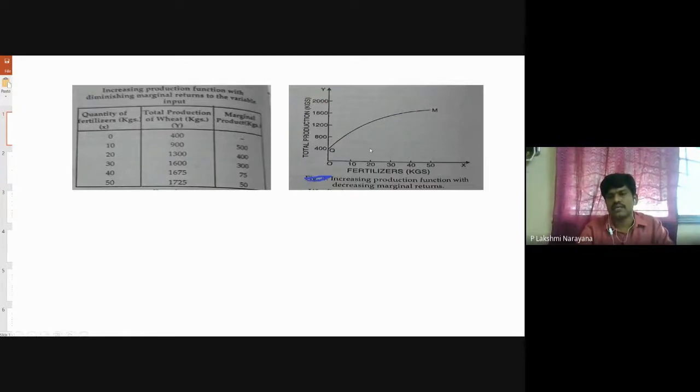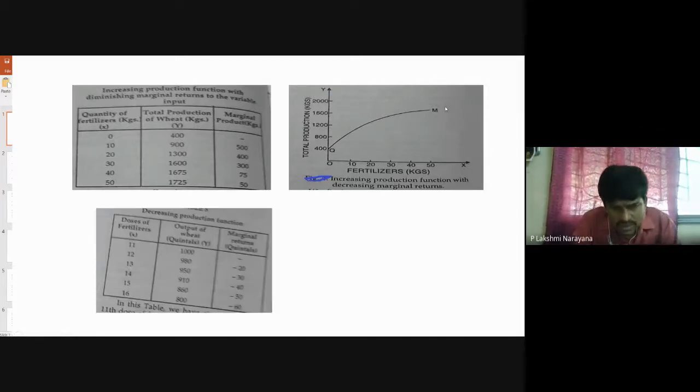You can say increasing production function with decreasing marginal production. You can also take fertilizers on the x-axis and total production on the y-axis. You can arrive at this type of graph. Another production function is decreasing production function. Decreasing production function means negative product.